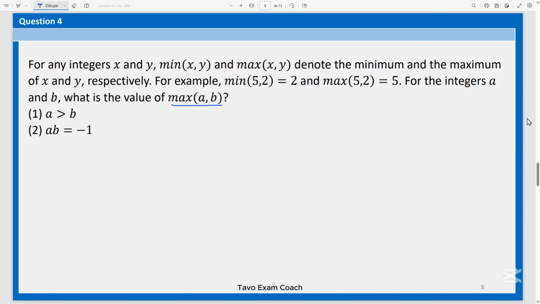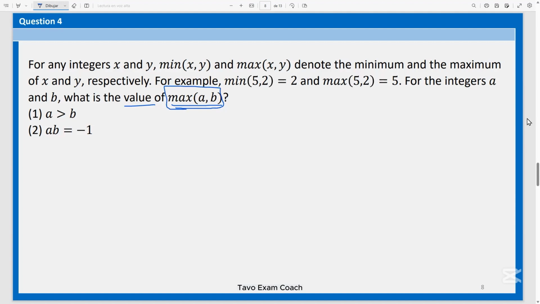We need to be careful with this question because most people usually confound the concept of value with that of output. If you're supposed to find a value of this, what does this expression represent?